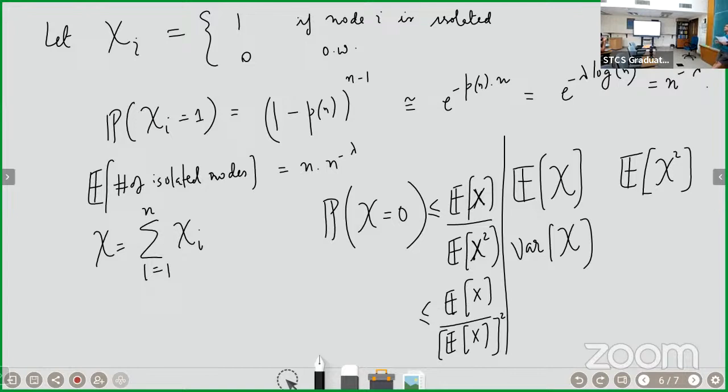But that is not a sufficient condition. Not having an isolated node doesn't imply connectivity. You want this to go to 1 instead. So that's a separate story. Suppose it's going to 0. Does it help me at all?